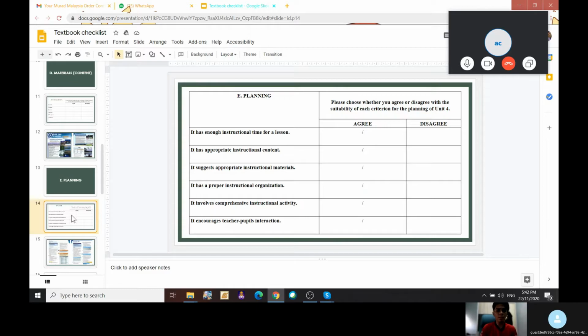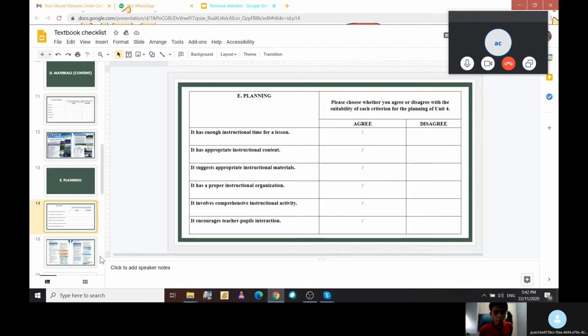It also needs to suggest appropriate instructional materials. Furthermore, the syllabus must have a proper instructional organization. Next one is it must involve comprehensive instructional activity, and last but not least, it encourages teacher pupils interaction.